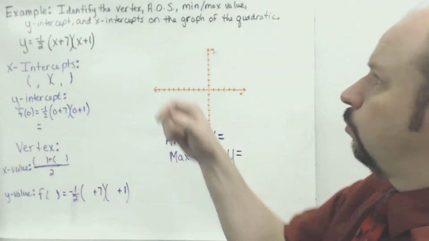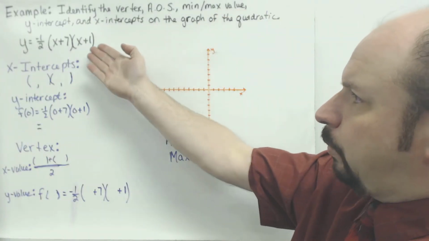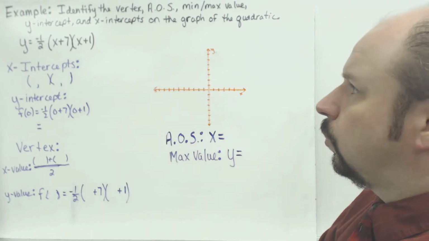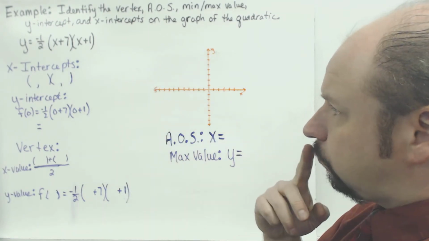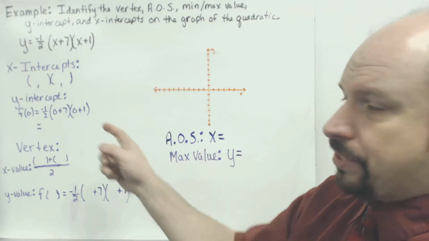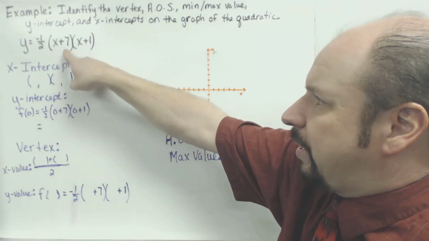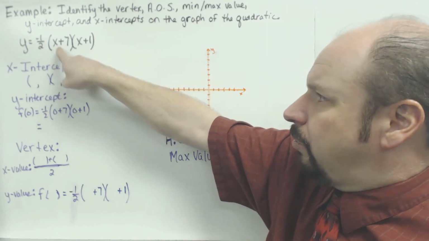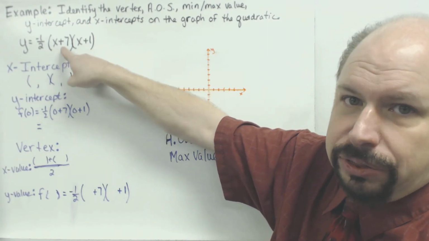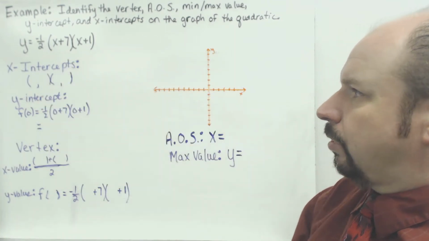Okay, our last one will be, now we have intercept form, or factored form, either way you want to call it. So first of all, remember our intercepts. This is x minus m and x minus n.